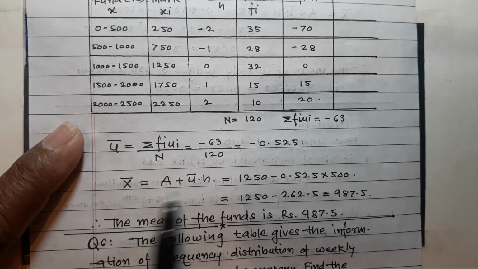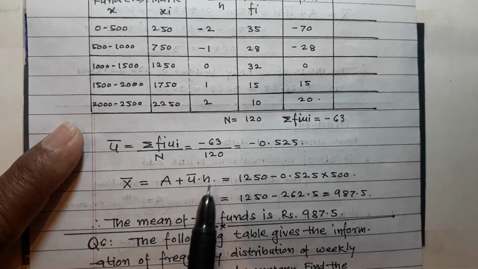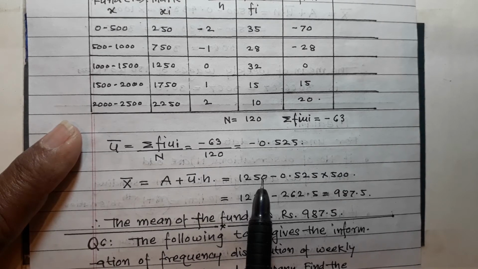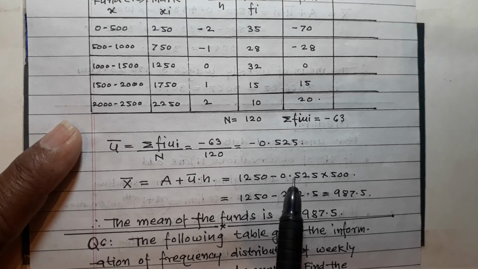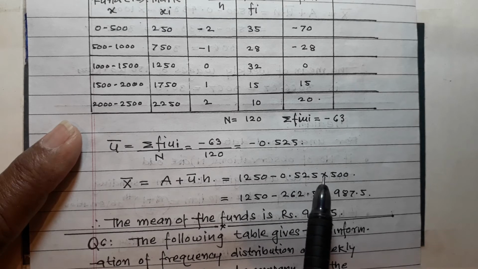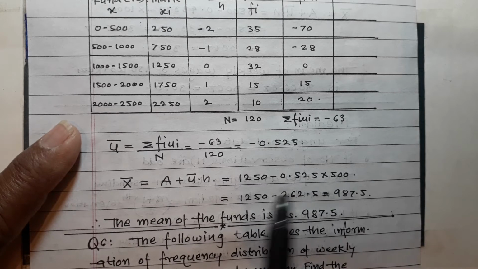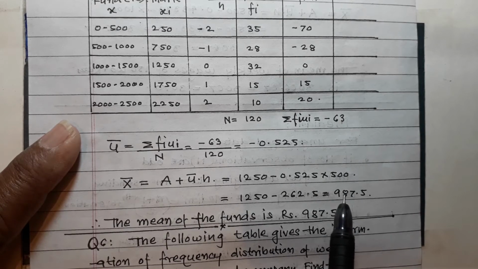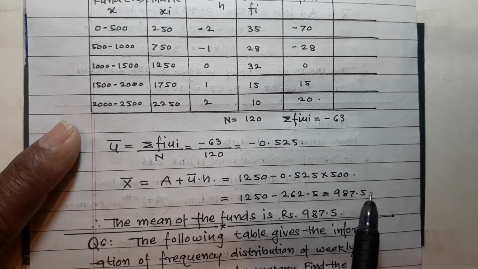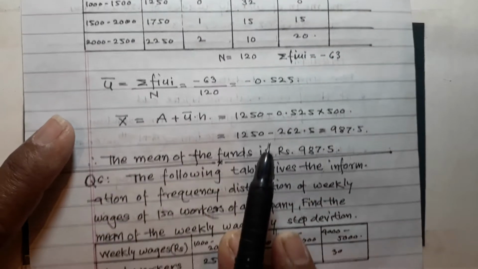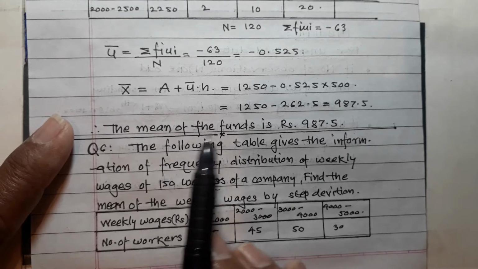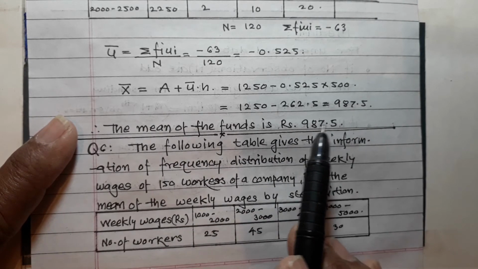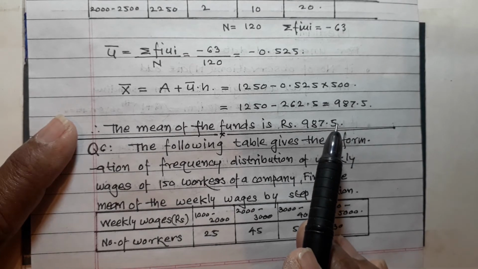This is the formula for step deviation method. So substitute values: 1250 minus 0.525 into 500, and if you simplify this you will get 987.5, and therefore the mean of the funds is rupees 987.5.